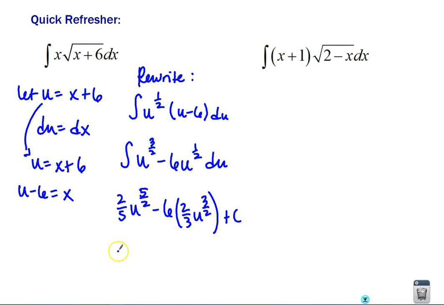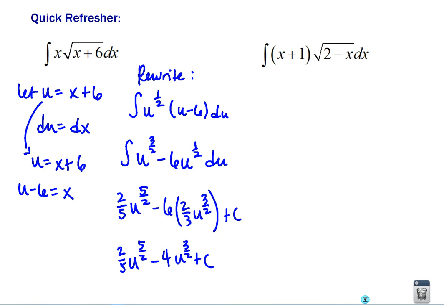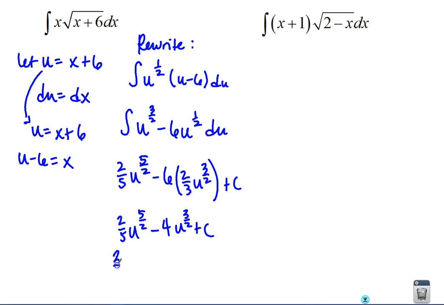This stays the same, so 2/5 u to the 5/2 minus 2/3 of 6 is 4, so 4 u to the 3/2 plus c, and then remember u was actually x plus 6, so I'm going to replace both of those and make that 2/5 (x plus 6) to the 5/2 minus 4 (x plus 6) to the 3/2 plus c.